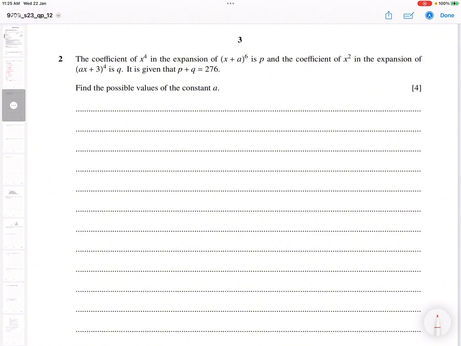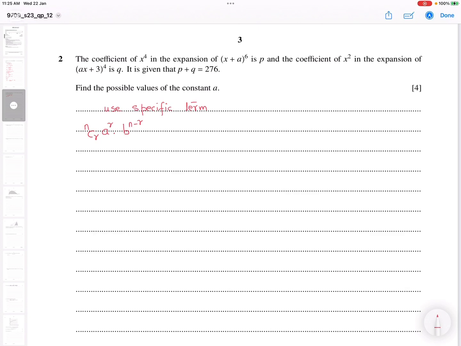So we have to use the specific term formula, and that is nCr a power r, b power n minus r.